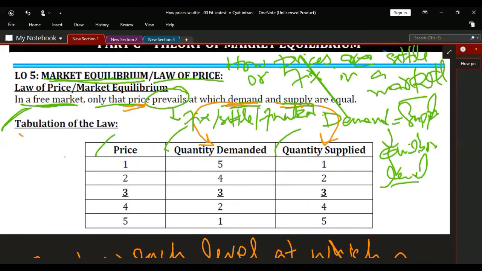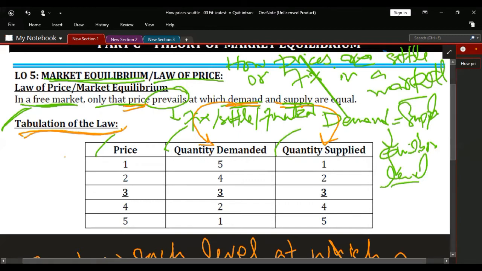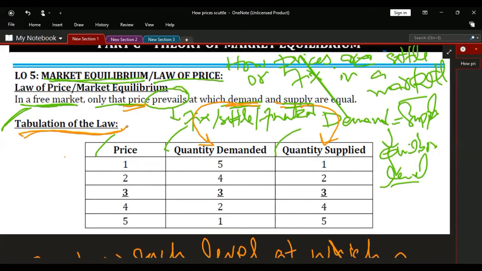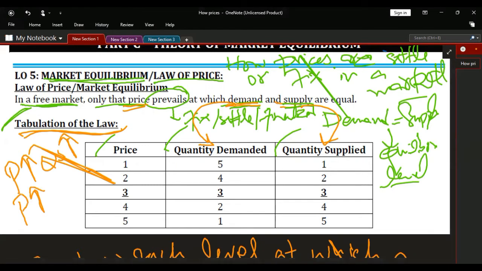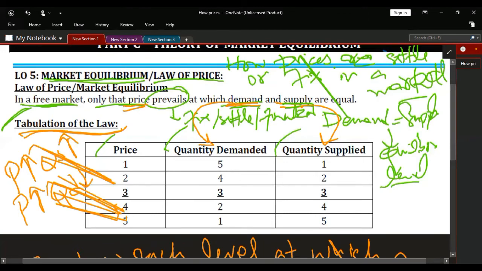Now prepare a table in order to explain this relationship. You already know that price has a direct relationship with quantity supplied, whereas price has an indirect or reverse relationship with quantity demanded.